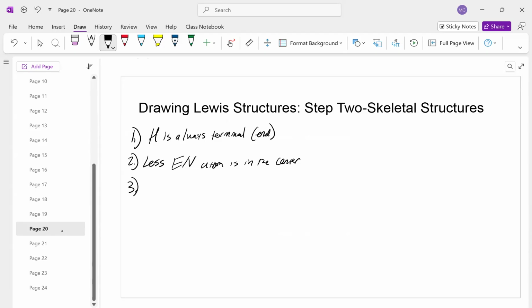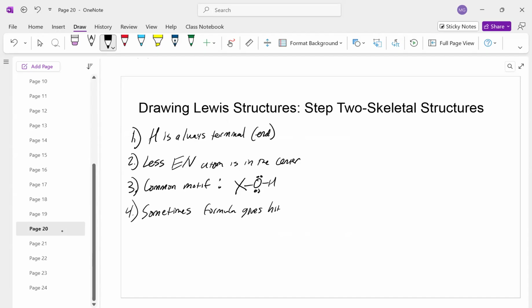Now, one common motif I want to point out, and as you do more and more, you're going to see more and more common motifs, but one that comes up quite a bit is the OH group. And you'll see that bonded to some sort of atom. Sometimes the formula gives you hints, and we'll see that in some of the examples.